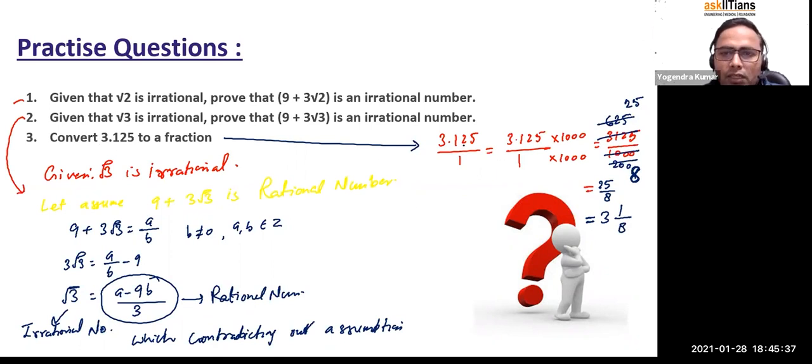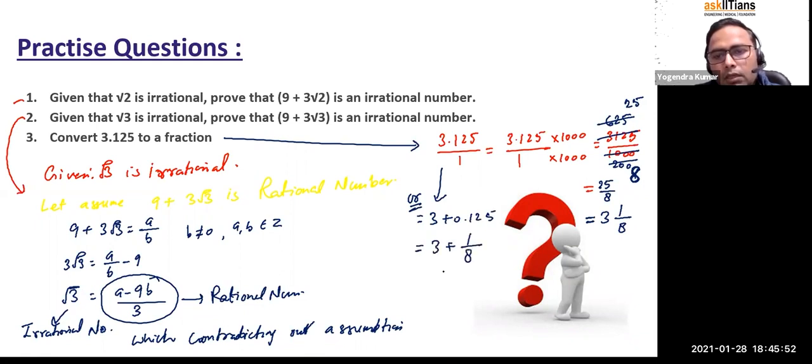You could have done it like 3 plus 0.125, I mean to say, you could have done it like this also. Alternative method, 0.125, and now 3 plus 1 by 8. So this is 3 1 by 8, mixed fraction form, right? This is how we do it.